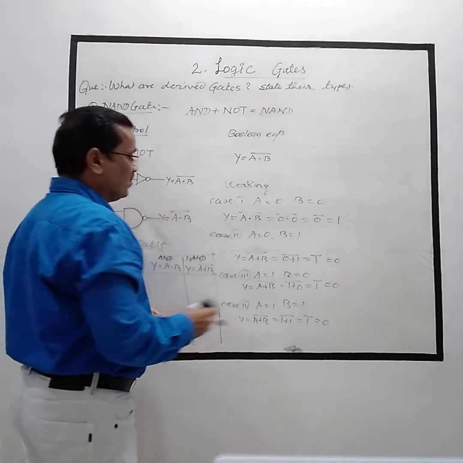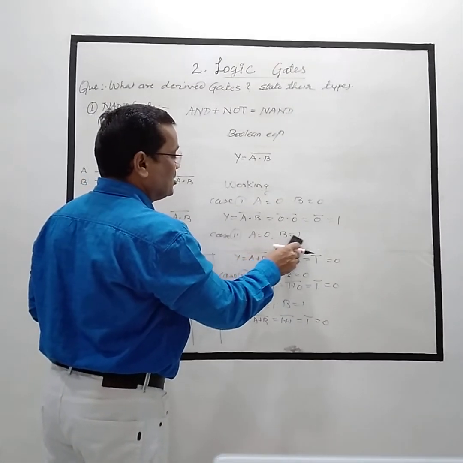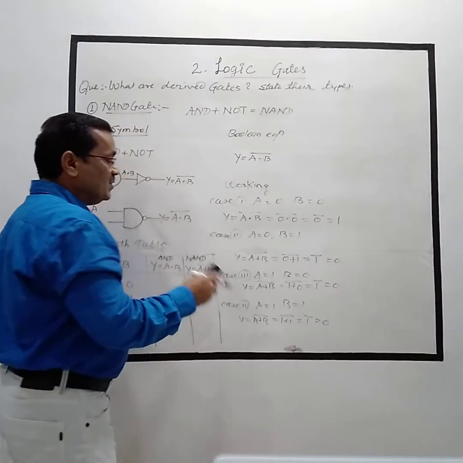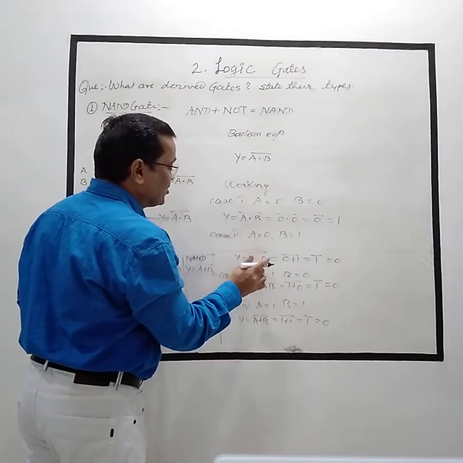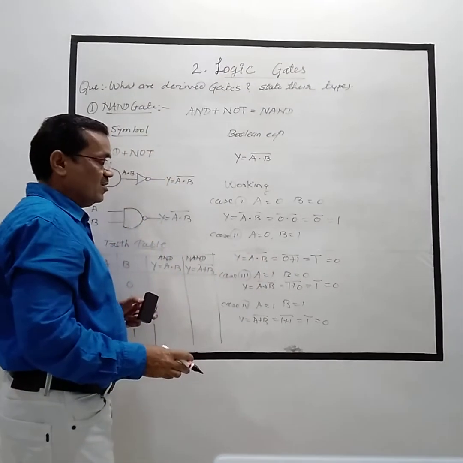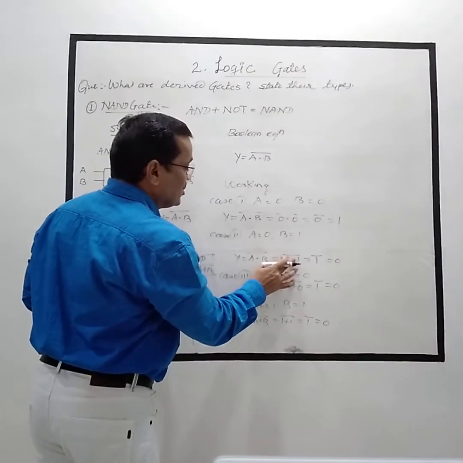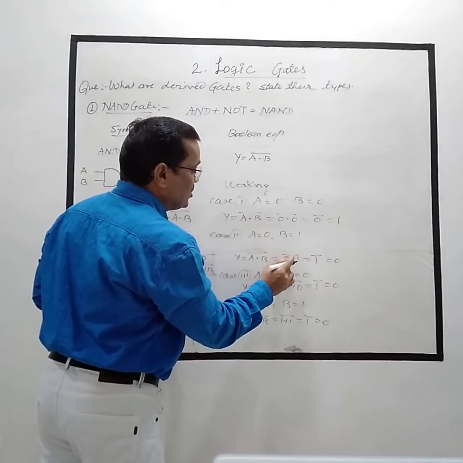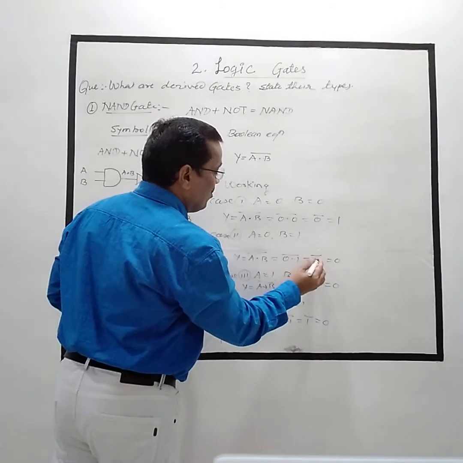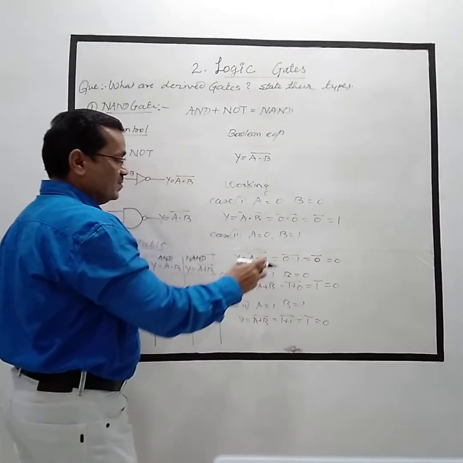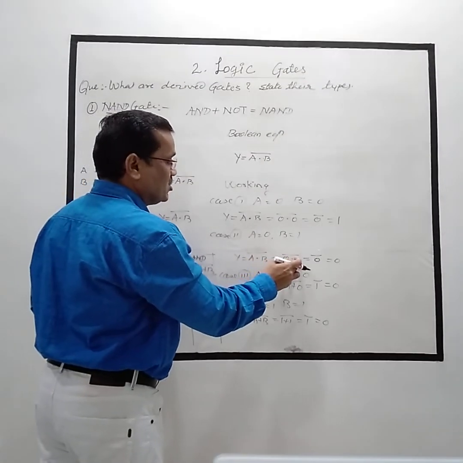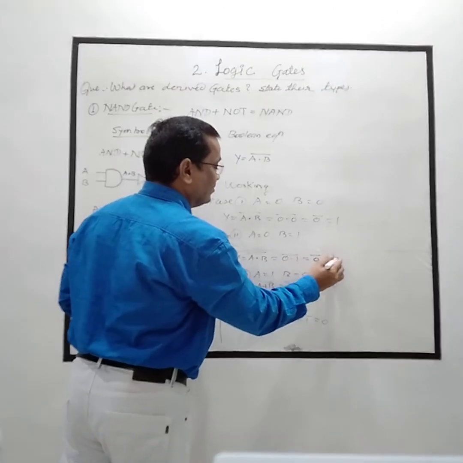Case number 2. A is equal to 0, B is equal to 1. Substitute these values in the Boolean equation, A dot B whole complement. 0 dot 1 is 0 and its complement is 1.